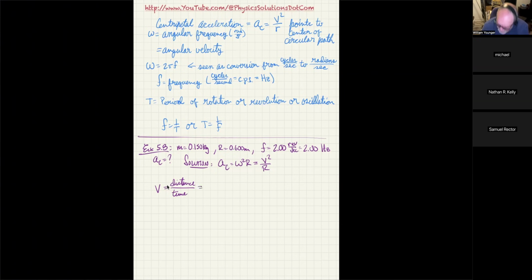The distance traveled when an object goes around the circle is called the circumference, which is 2 pi times the radius. I already called it big R, so I'll put a big R there.